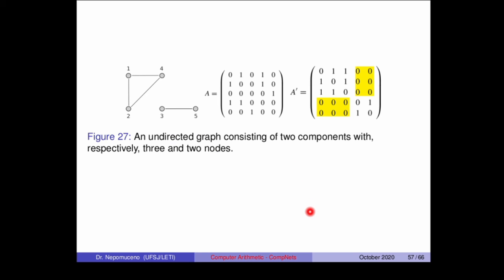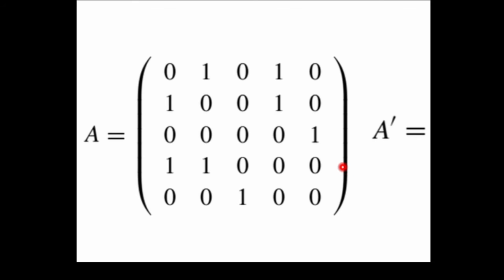So, for example, suppose here I have the adjacency matrix. This matrix is important, for example, to realize some interesting things here. So let's take a look at this matrix here. In this matrix A, we got 0, 1, 0, 1, 0, 1, 0, 0, 1, 0, right?